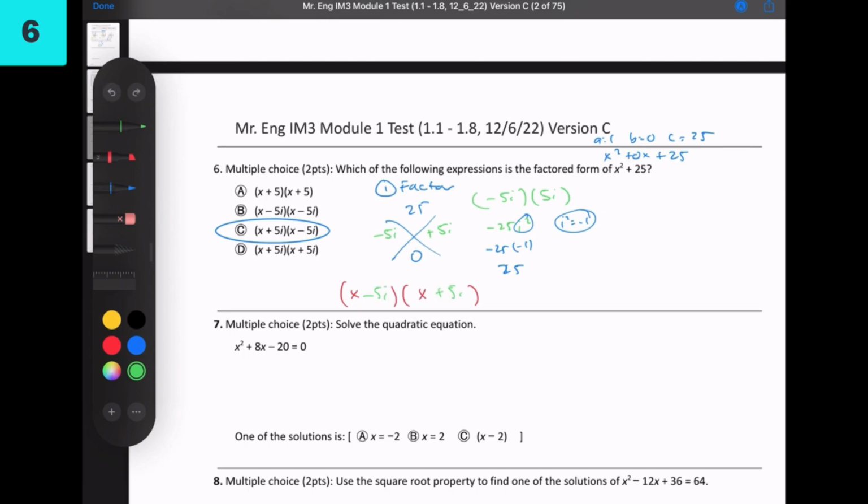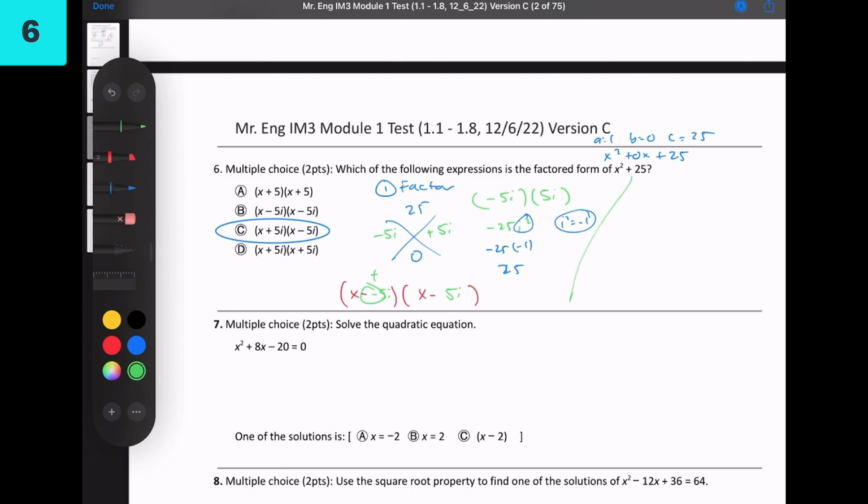Well, let me take that back. The formula would be a minus, and then you put negative 5i and a positive 5i. That one will become positive.